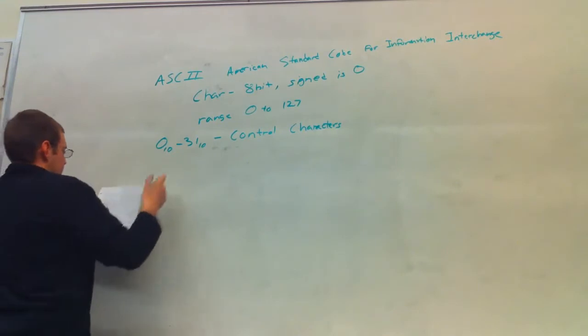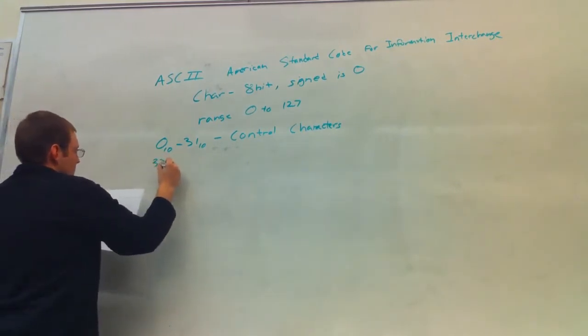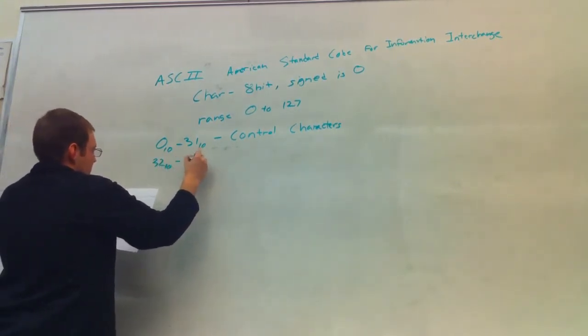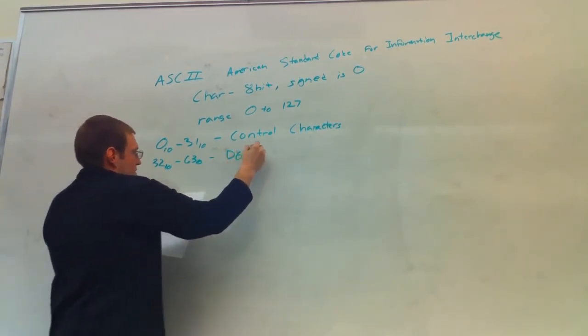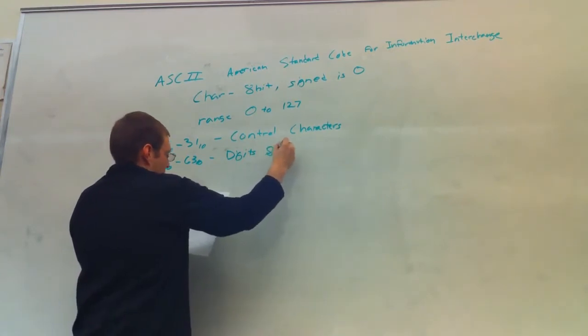The next group, 32 through 63, are digits and punctuation.